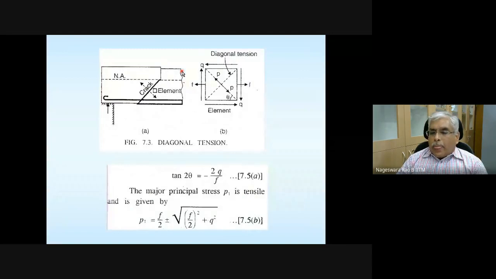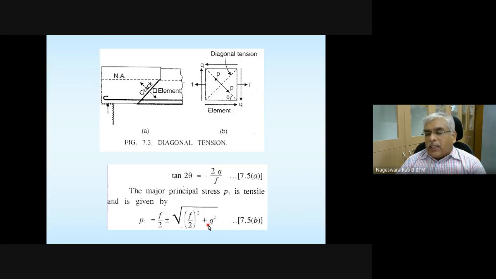Here, principal stresses are given by this equation: f divided by 2, plus or minus the square root of (f divided by 2) squared plus q squared. q is nothing but your shear stress.